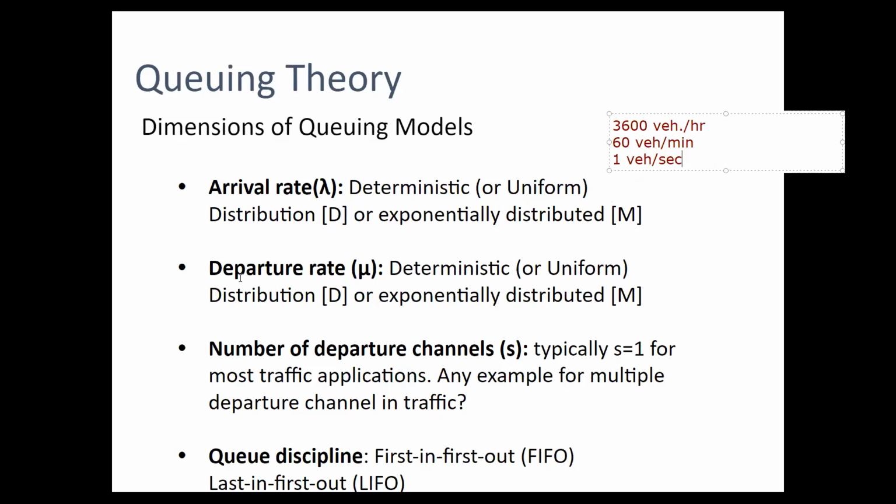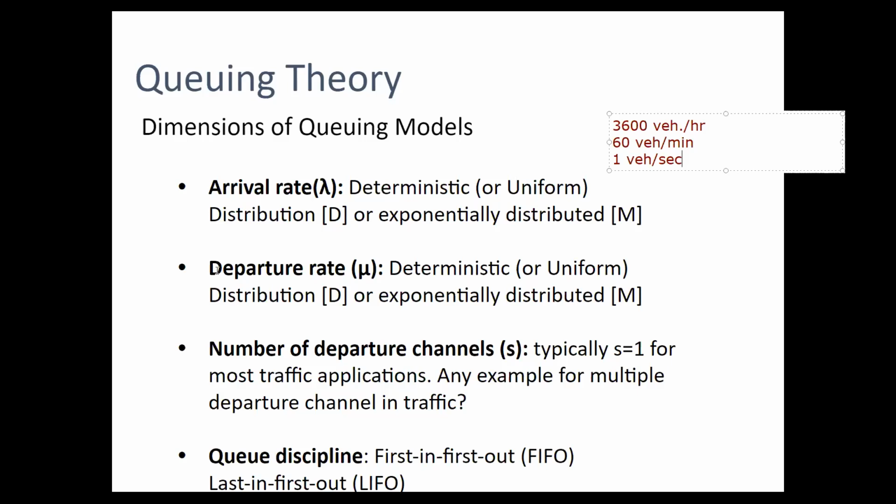Okay, and then you have the departure rate. So this is how fast you can serve. So let's say you're arriving at a theme park gate or something, and it takes whatever time it takes them to give you a brochure or check your ticket. Let's say it takes 30 seconds on average, and you can assume deterministic departures again. So every minute they will be able to serve 2 parties or 2 customers, right?